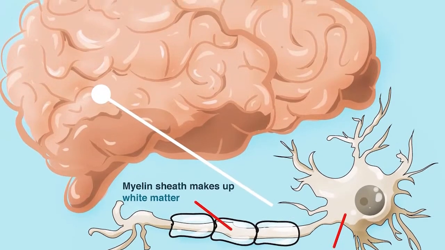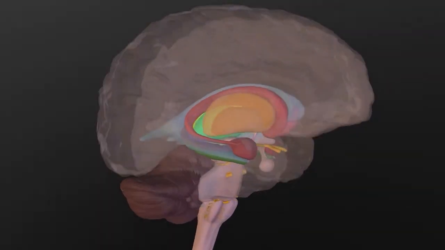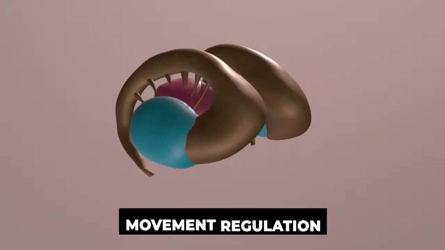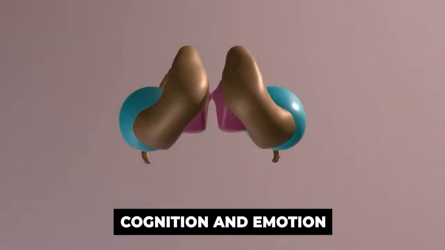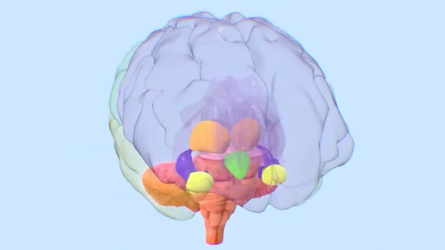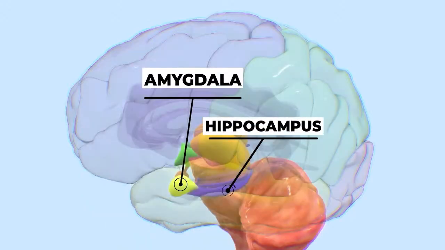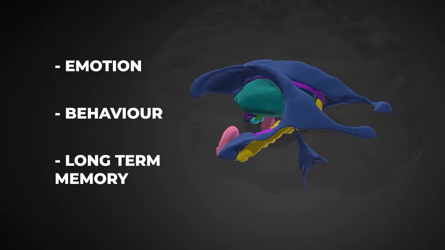Basal ganglia. Though often considered separately, the basal ganglia are a group of nuclei deep within the cerebrum. They play a crucial role in movement regulation, habit formation, and certain aspects of cognition and emotion. Limbic system. Also nested within the cerebrum, this system comprises the amygdala, hippocampus, and other structures vital for emotion, behavior, and long-term memory.